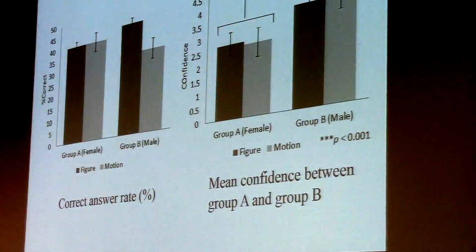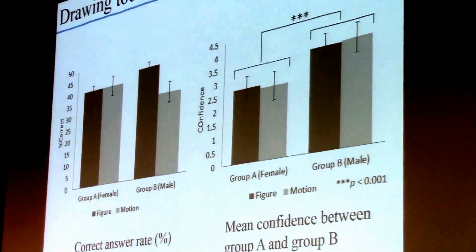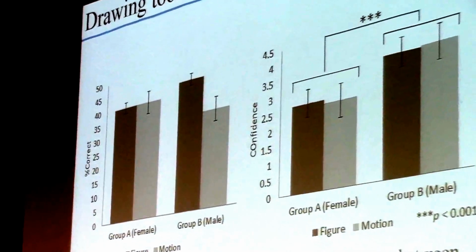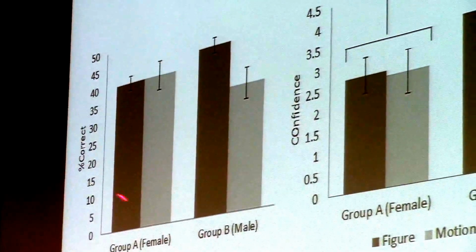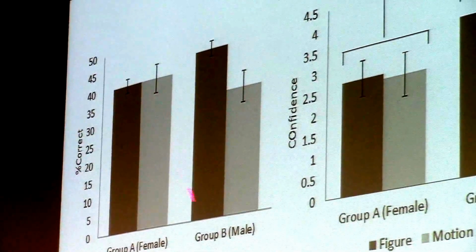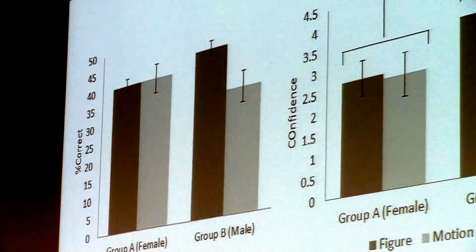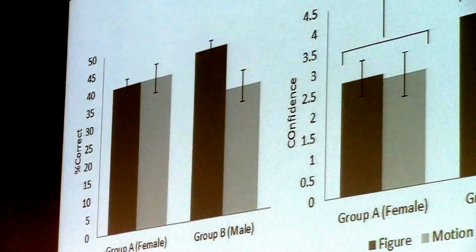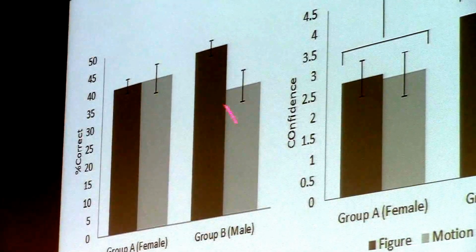The figure on the left shows the correct answer rate for each group. The dark bar indicates the figure test, and the light gray bar indicates the motion identifying test. This is the female group and male group.